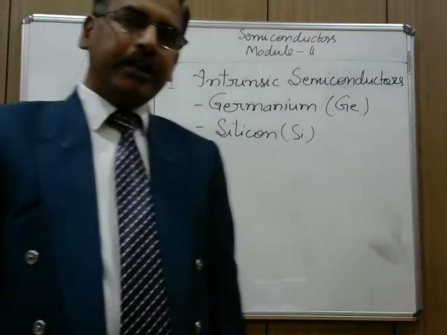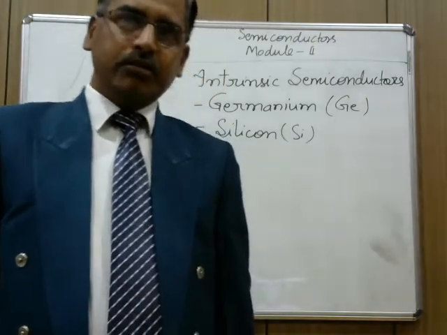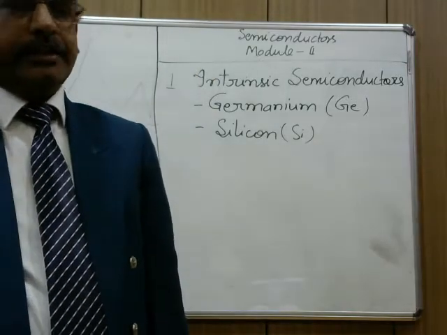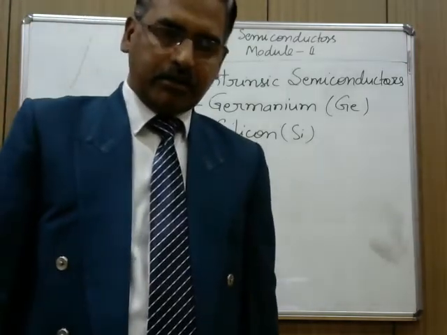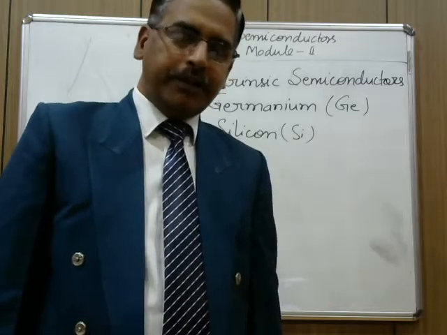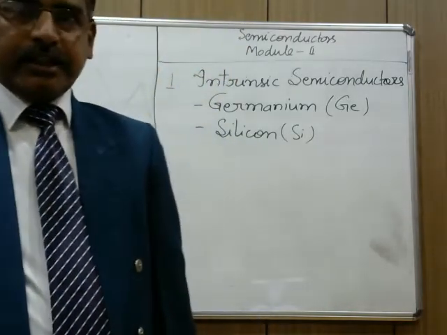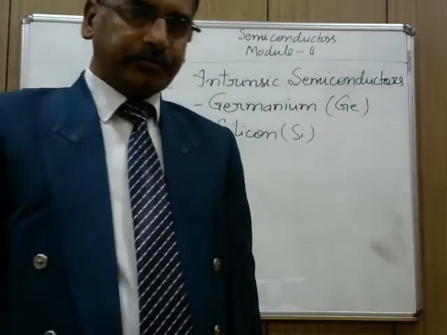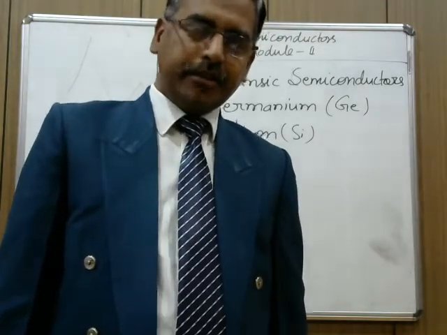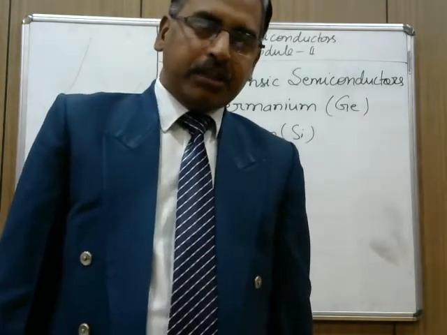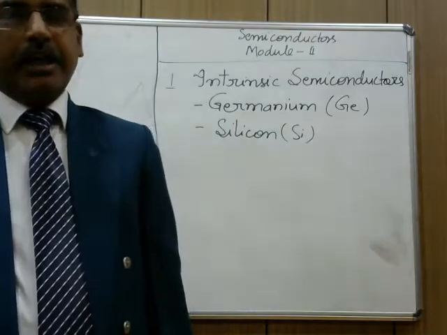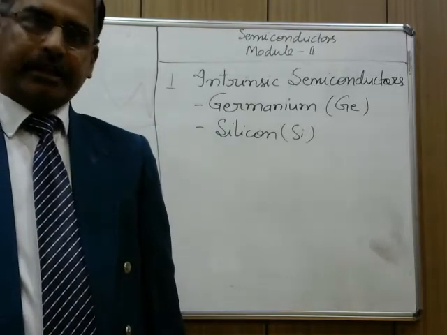Now the question is, what gives rise to conductivity in the intrinsic semiconductor? To understand this, we need to understand the crystal lattice of such semiconductors. These semiconductors have 4 valence electrons.